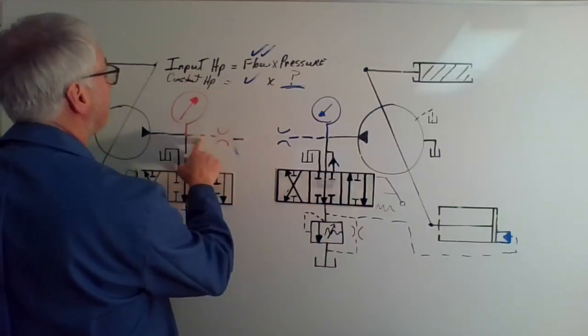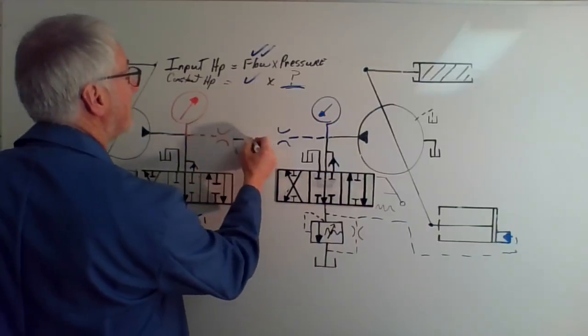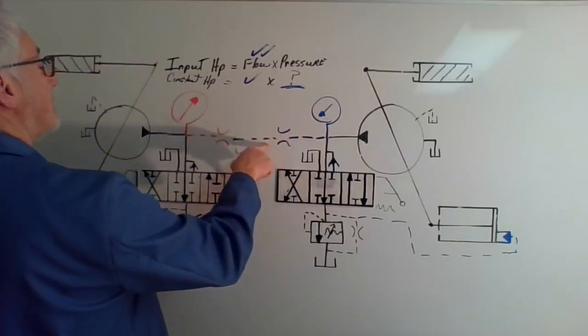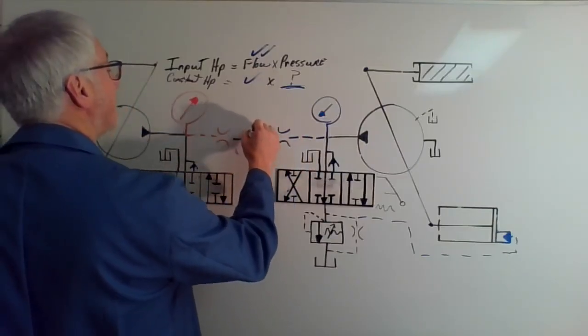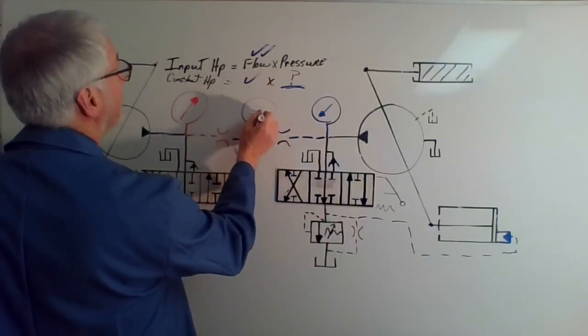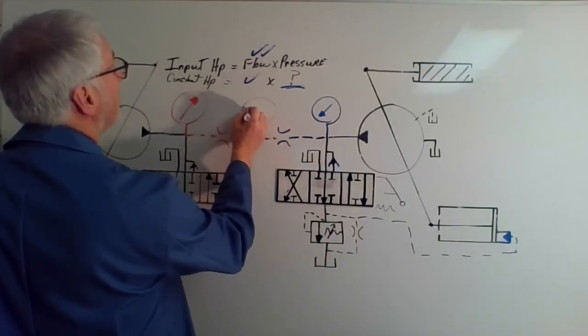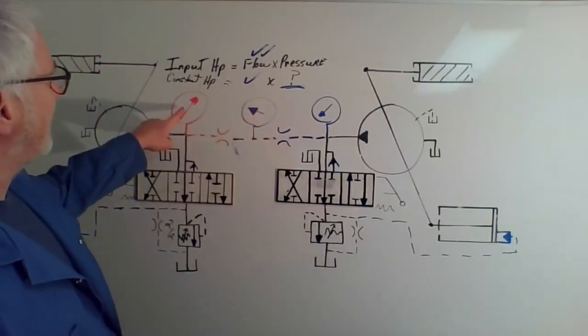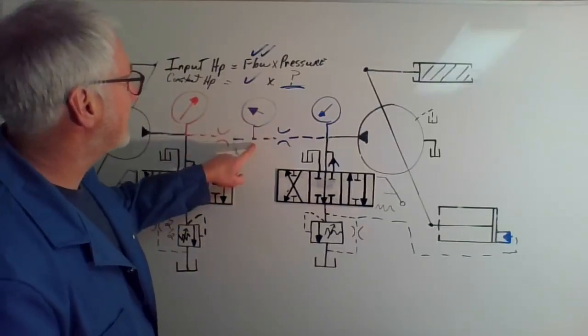So in between the two, there's a different pressure here, and ultimately, there's a different pressure here. So I might say that if I was to actually have a gauge in here, the pressure might be, oh, I don't know, somewhere over here. Because ultimately this is the highest, and I get a pressure drop.